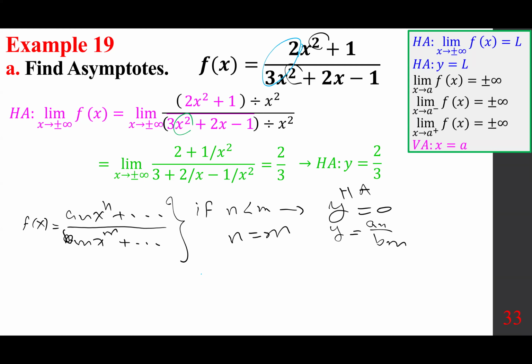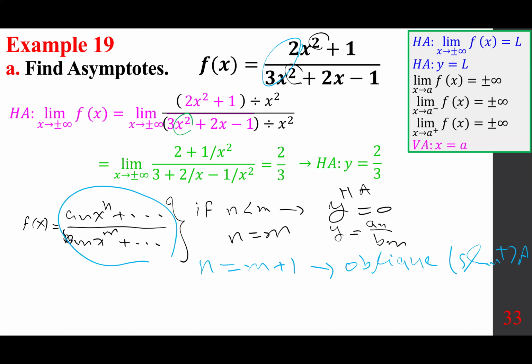If n equals m plus 1, then we have an oblique or slant asymptote. And that means you have to divide. This becomes mx plus b plus the remainder over the denominator.